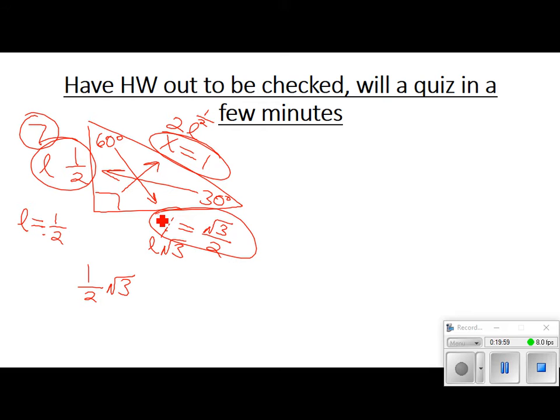It's just a little shorter, simpler way. You'll see that a lot next year in Algebra 2. That's the way they write it, square root of 3 over 2. That means the same thing as 1/2 times the square root of 3.